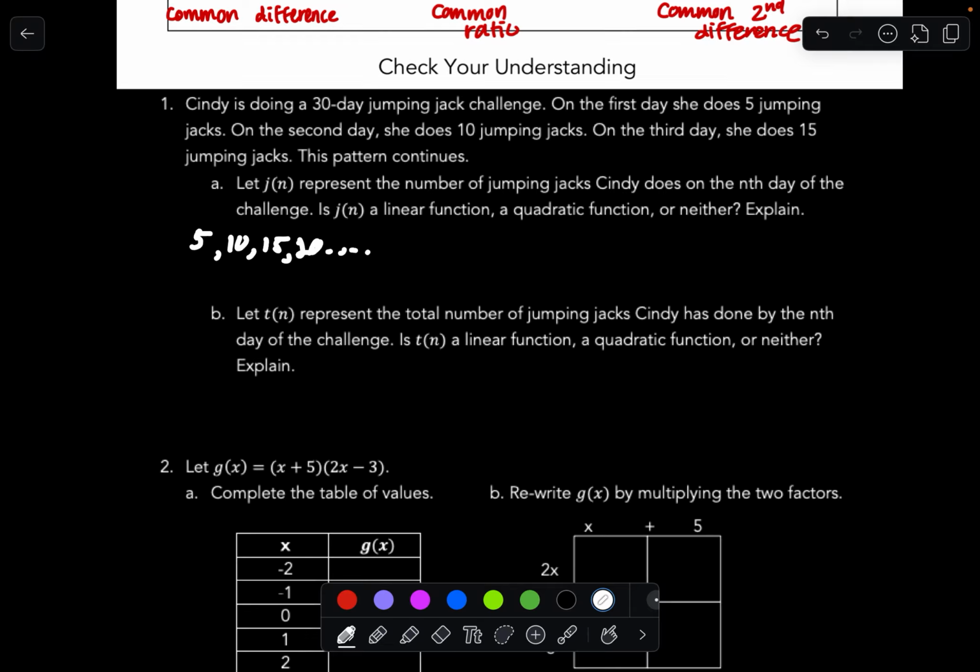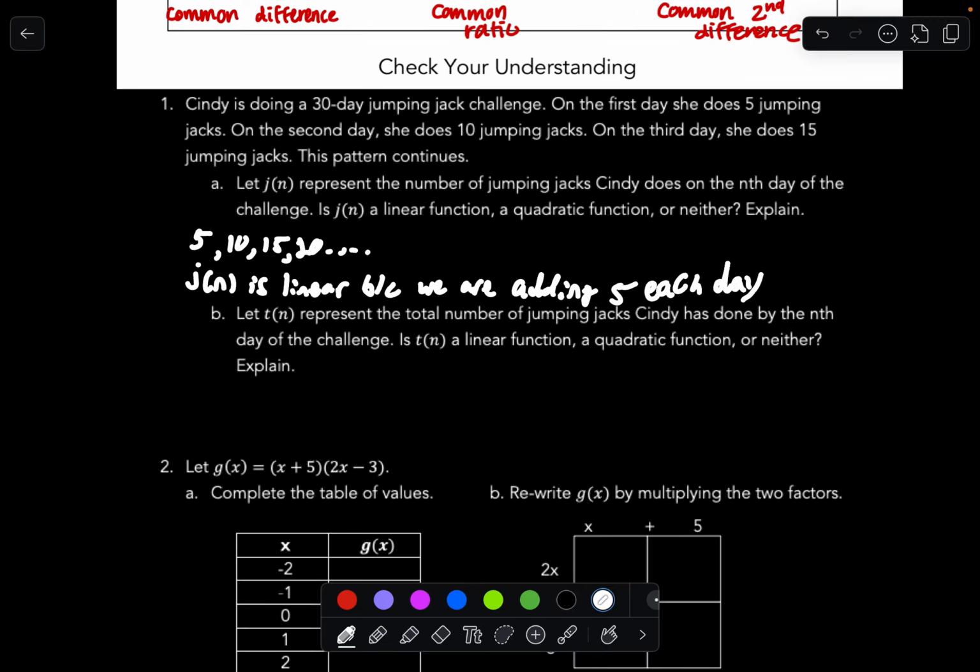Is J of n, which is the number of jumping jacks, a linear function, a quadratic function, or neither? Well, J of n is linear because we are adding 5 each day.